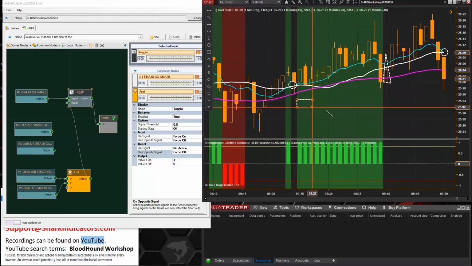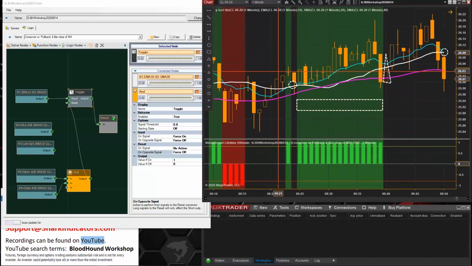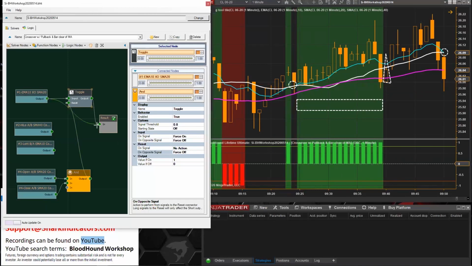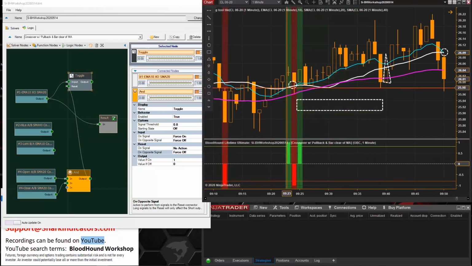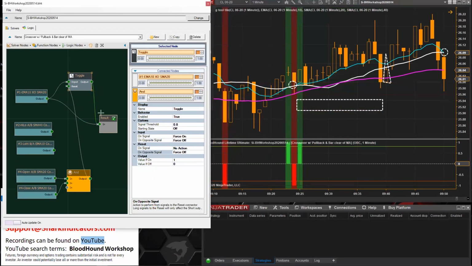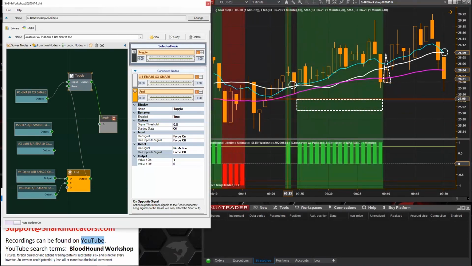So the toggle node was turned on here because of the crossover. And it looks like we actually had a triple crossover of our moving averages. Let's take a quick look at that. Our fast moving averages crossed up, crossed down, and then crossed back up again. That's why we're seeing long, nothing, and then long here.